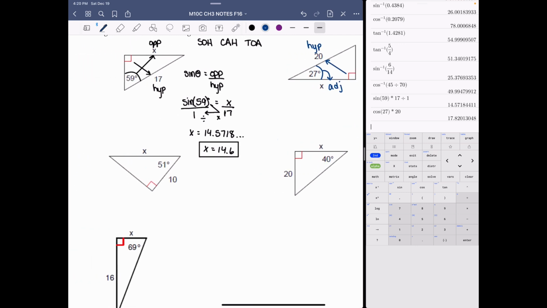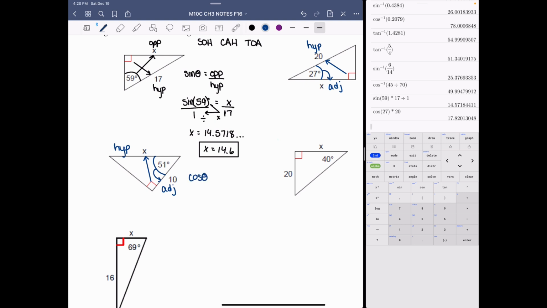Next one, label the side we have and the side we want. The side we want, x, is across from the right angle. That makes it the hypotenuse. The side we have is touching our angle of interest, but it's not the hypotenuse, so that makes it the adjacent. Which trig function has adjacent and hypotenuse? That's cos again.